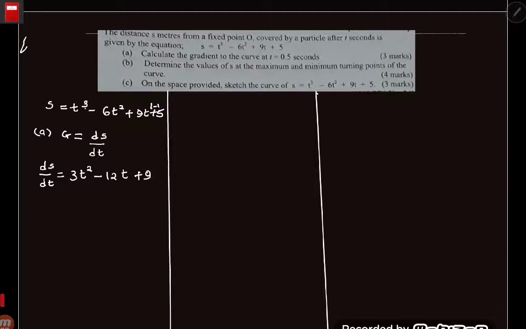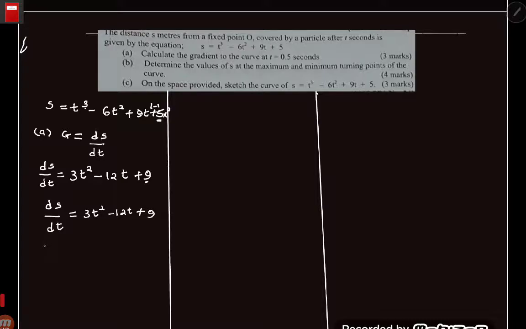T raised to power 0 is 1, and 9 times 1 is 9. 5 does not have a positive power because x here is raised to power 0, which will convert everything to 0. So ds dt is equal to 3t squared minus 12t plus 9.